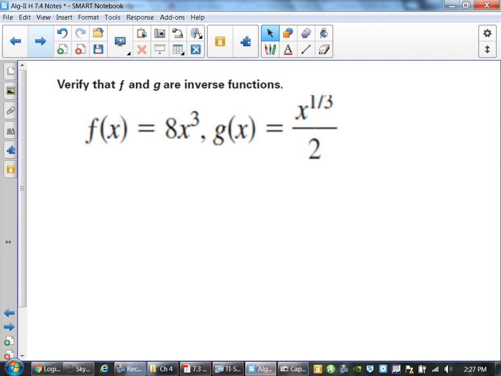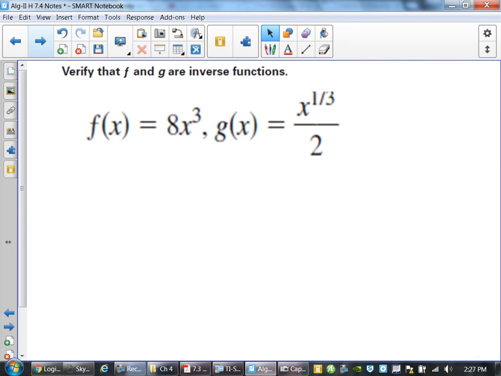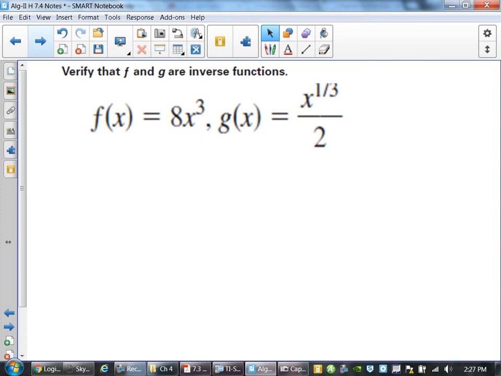So, your exponent rules here: to verify that these guys are inverses, that means that f of g of x has to equal x, and g of f of x also has to equal x. That's what we're checking to see if these are going to wind up being inverses of one another. Sometimes they don't write it the same. They write it out just to say, hey, f and g are inverses.